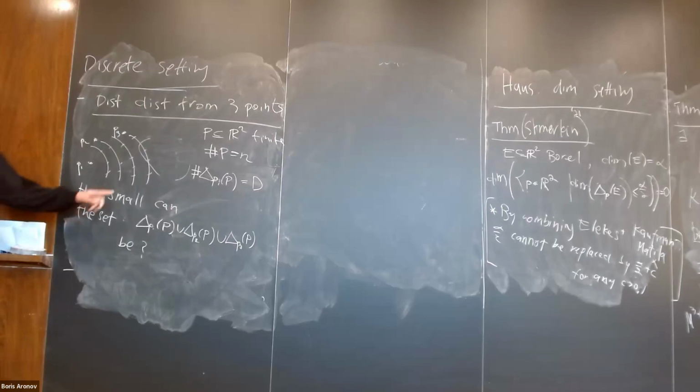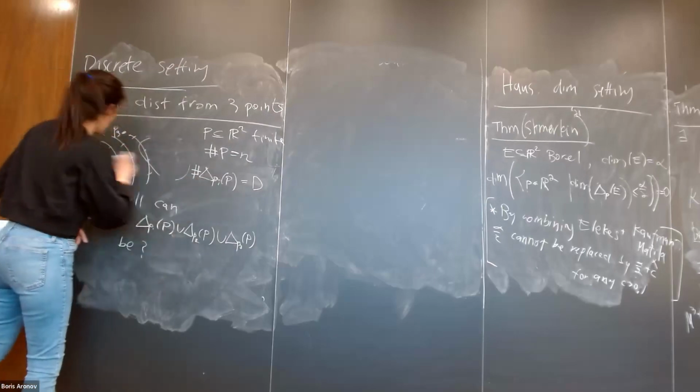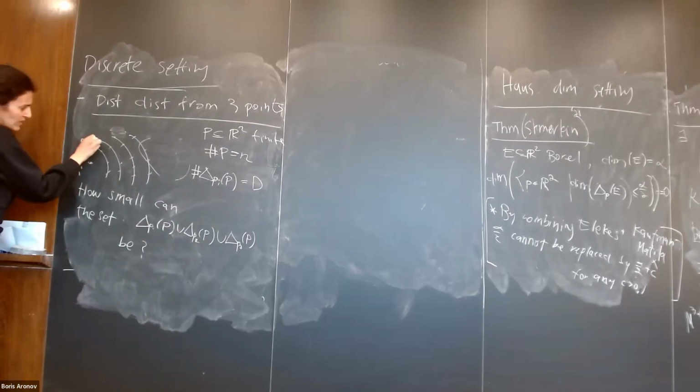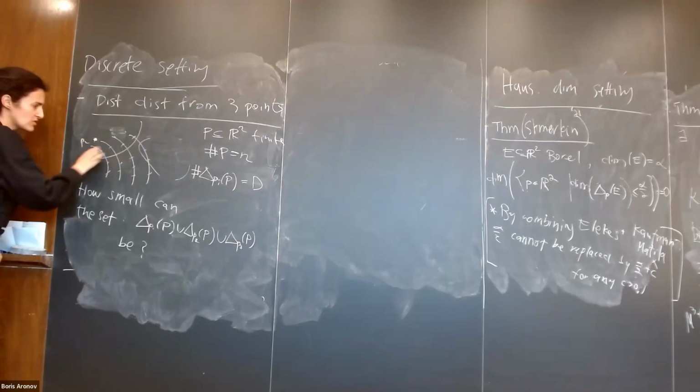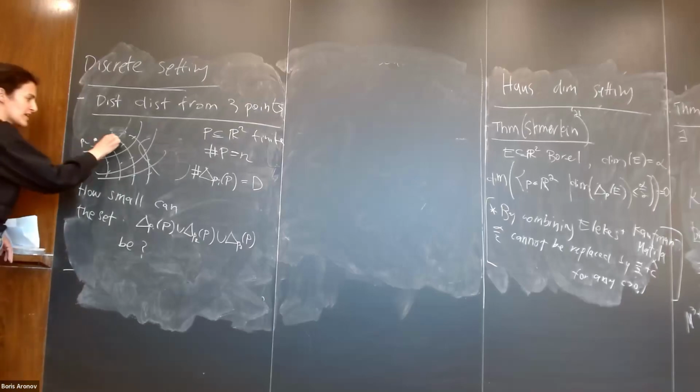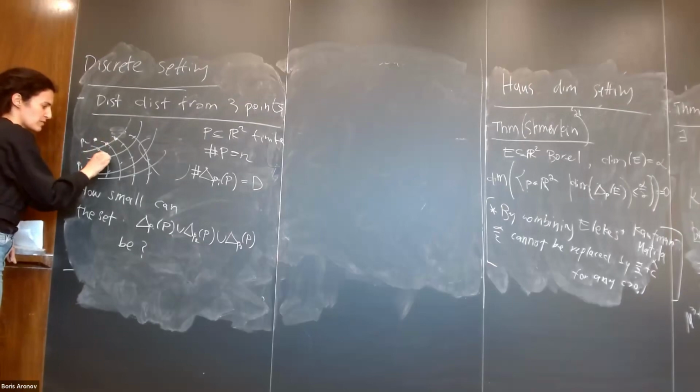But now let's say that I also have D distances between P2 and the same set P. This again means that I can draw D circles centered at the point P2, and they also support my set P. It means that my set P will have to lie in the intersection of these 2 families.